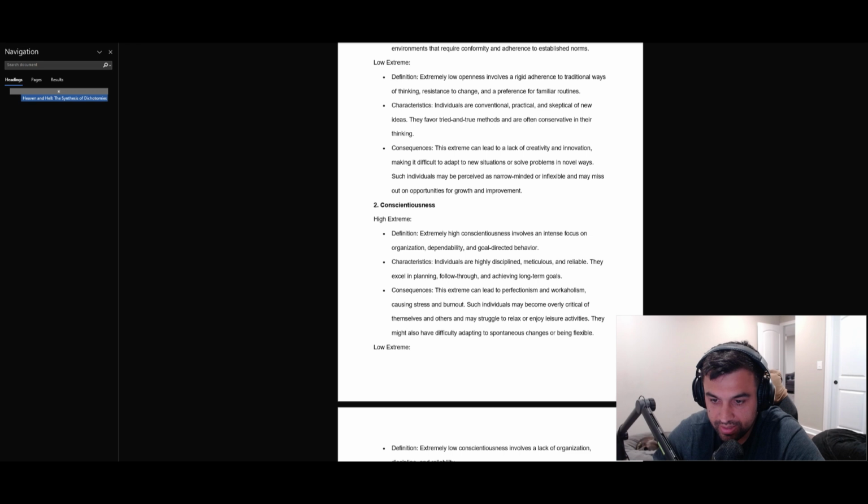They excel in planning, follow through, and achieving long-term goals. This extreme can lead to perfectionism, a workaholic individual, causing stress and burnout. Such individuals can become overcritical of themselves and others and struggle to relax or enjoy leisurely activities. They also might have difficulty adapting to spontaneous changes or being flexible.